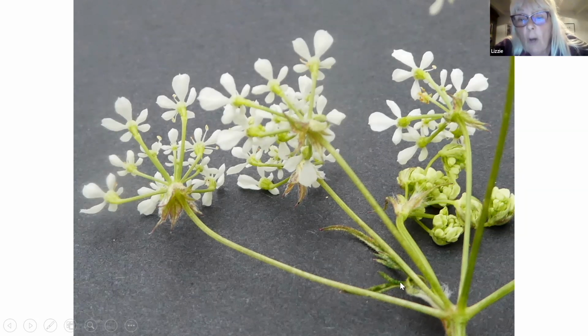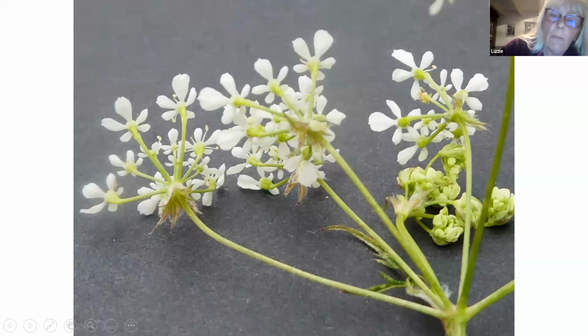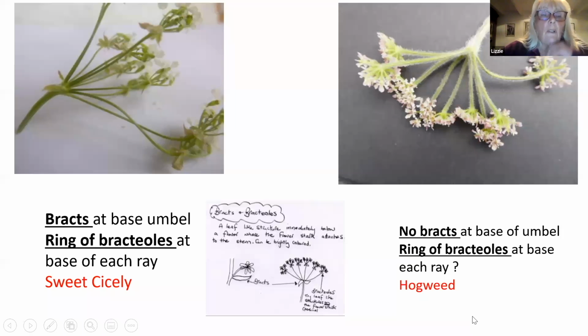Anyway, so you've got a bract here at the base, and then at the base of each of these mini rays here, you've got the bracteoles, so bract and bracteole. So this is the part of the umbrella with a cluster of flower heads at the top on their own little rays, and you've got bracteoles here and bracts there. And that's two examples showing you bracts at the base, bracts there, like this little diagram.